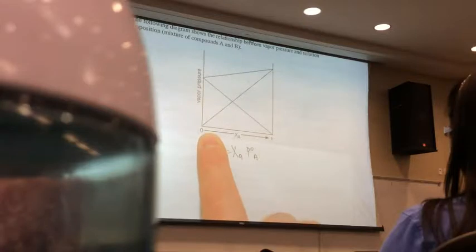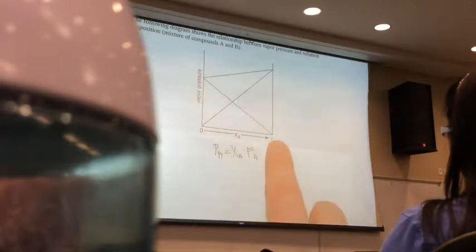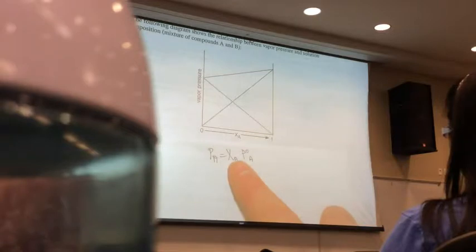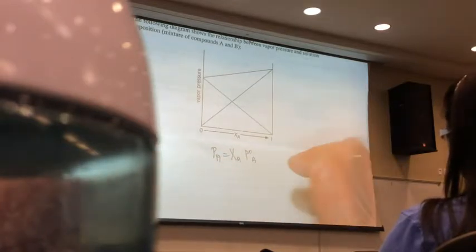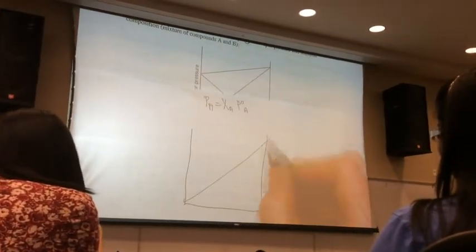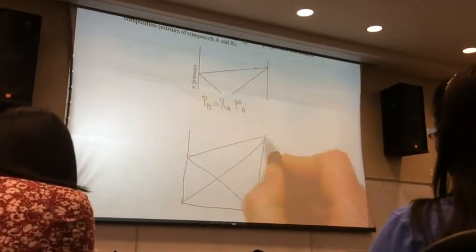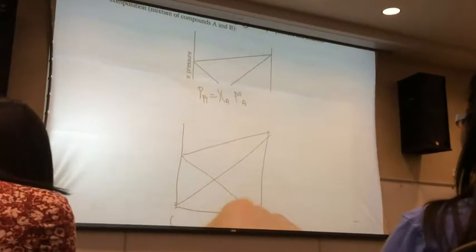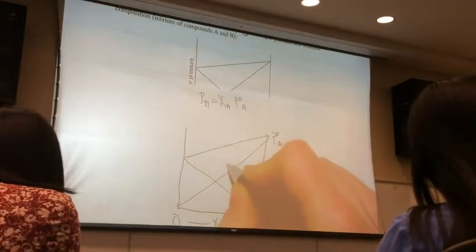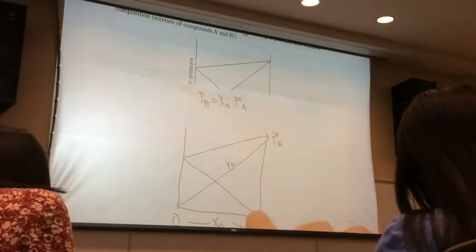There's no pressure from A when A has no mole fraction. When it's pure A, you plug a 1 in for mole fraction, and the pressure that comes from A is A's pure pressure. So this value up here, mole fraction of A, 0, 1, this is P0A. This is the pressure of A at each point.